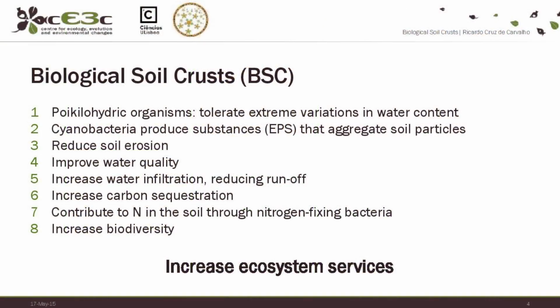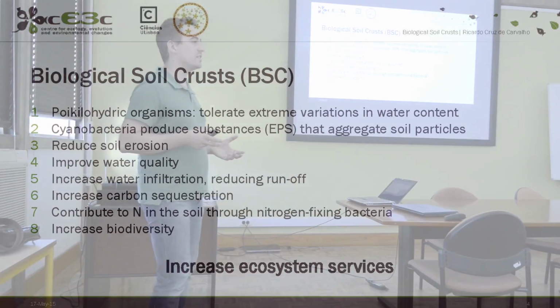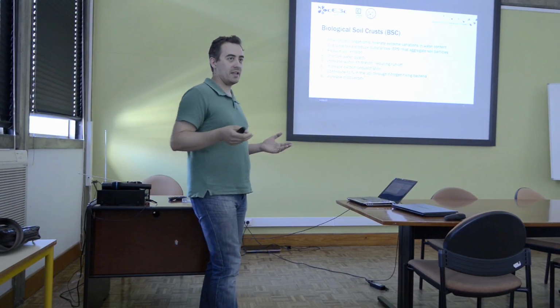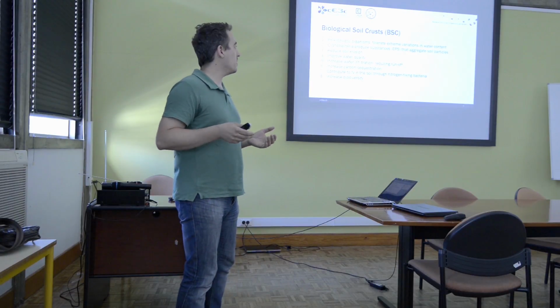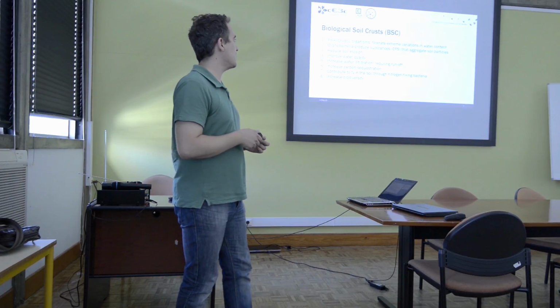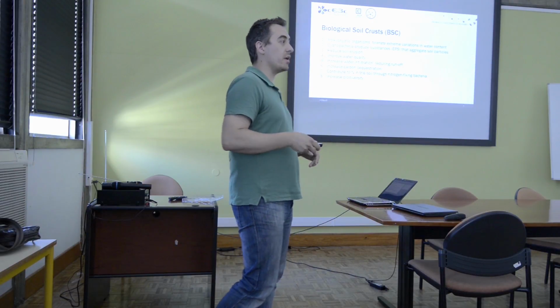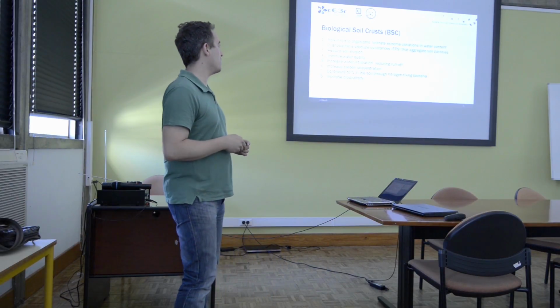The biological soil crusts are composed of these poikilohydric organisms, meaning that they can tolerate extreme variations in water content. They can become completely dry, remaining in that state for even several years sometimes, and upon a rain event they can regain their normal metabolism.